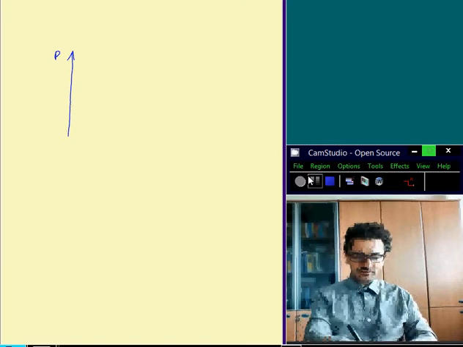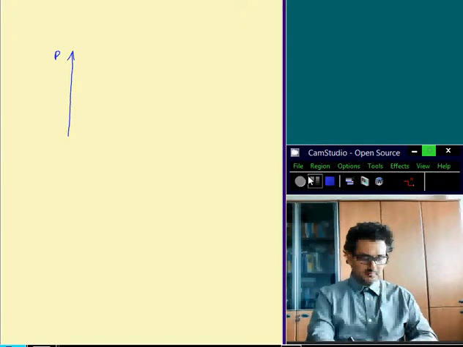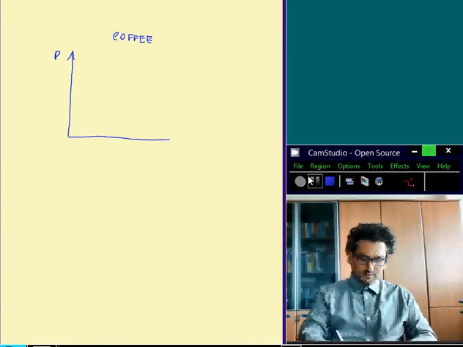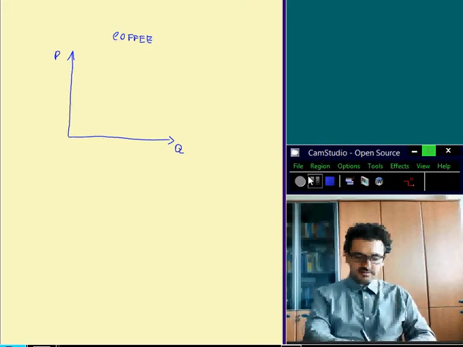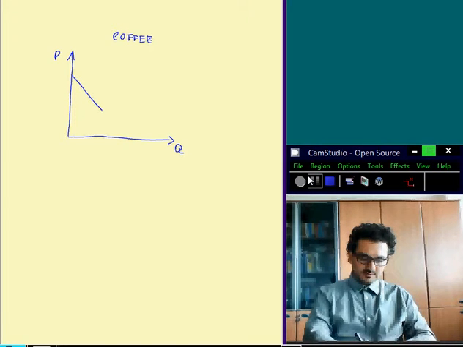We can consider, for instance, the demand for coffee, and on the horizontal axis the demanded quantity for coffee. Our assumption is that this relation is an inverse or decreasing relation.